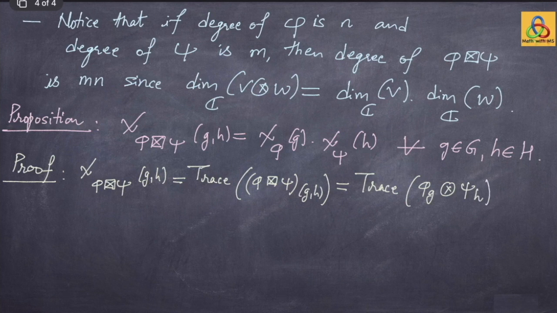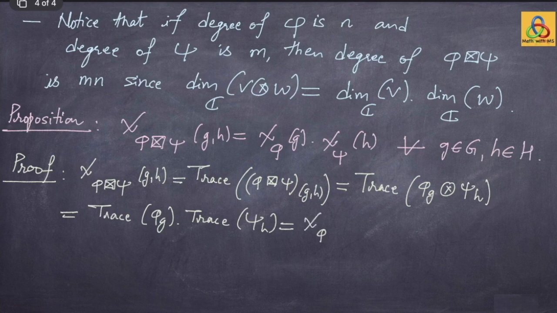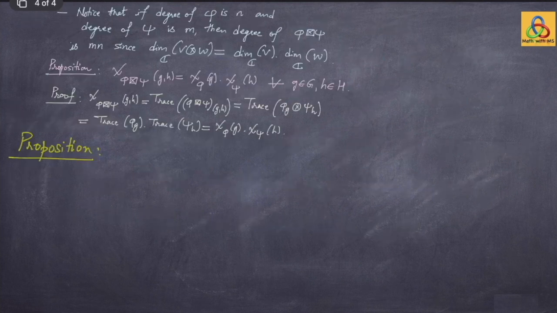And what is the trace of the tensor product of two linear transformations, or equivalently two matrices? It turns out to be the same as the trace of phi g times the trace of psi h, which is just the same as chi phi of g times chi psi of h. Thus it is quite simple to compute characters of the exterior tensor product of representations.